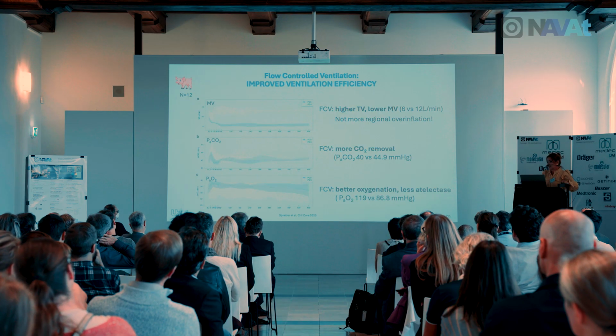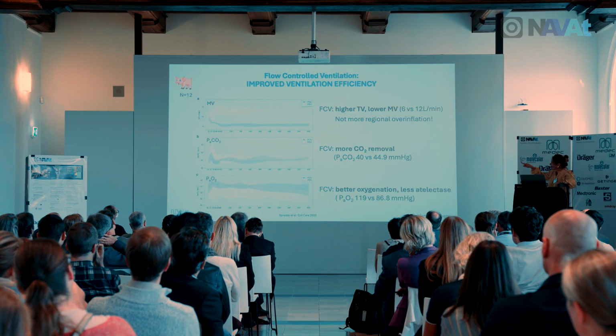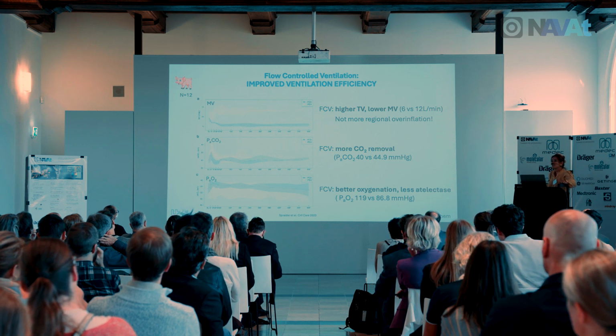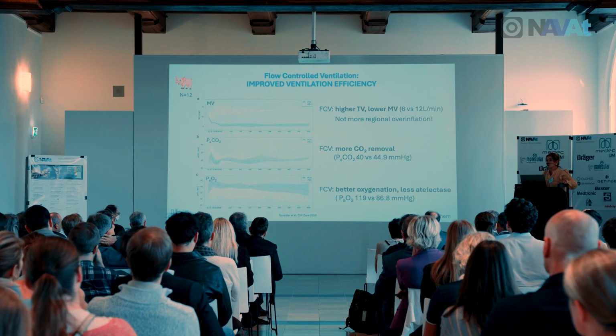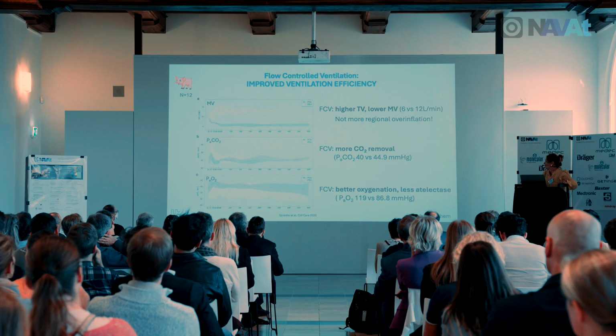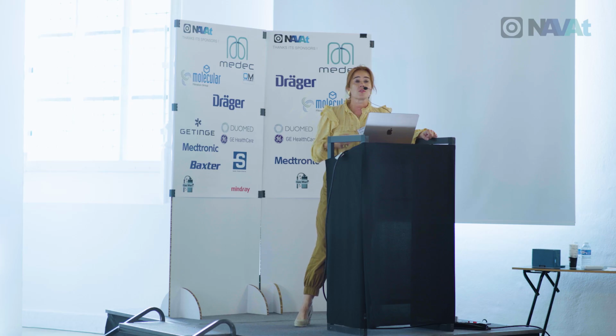What else? We can also see that there is an improved ventilation efficiency. The purple color is the color of the flow-controlled group, so we can see that despite lower minute volumes, there is more efficient elimination of carbon dioxide, together with higher oxygenation due to the recruiting capacities of this kind of ventilation.